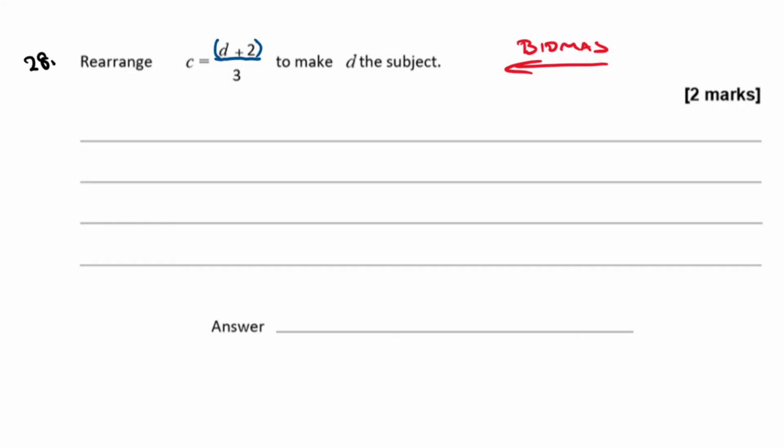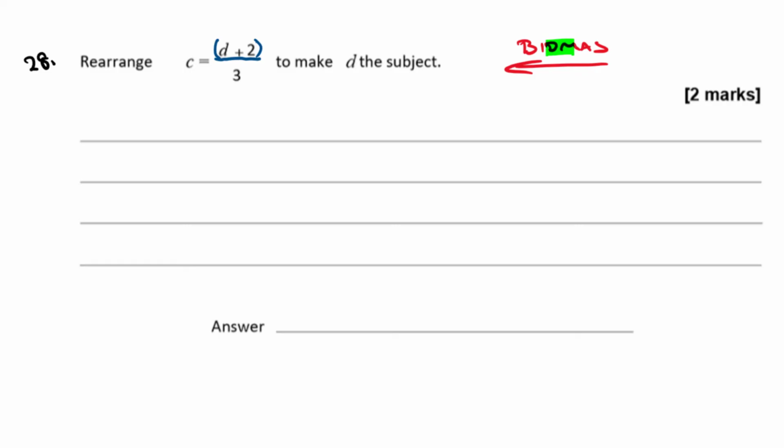Okay, so there's an implied pair of brackets around that d plus 2, which bumps up the order of operation. So when we're unwinding it, it pushes it further down the list, so to speak. So rather than dealing with that addition subtraction first, we're going to deal with the division and multiplication instead.